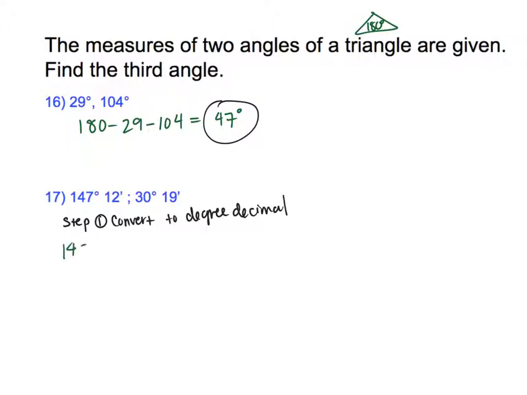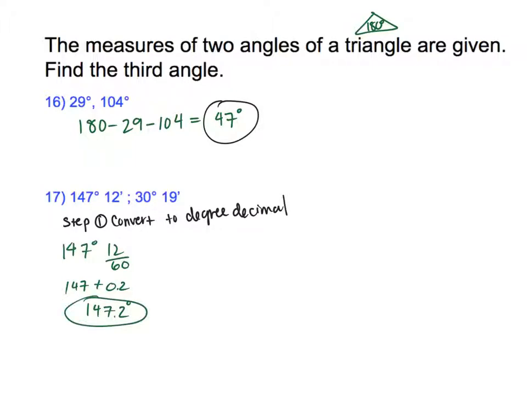We've done that quite a few times now, so let's go ahead. Remember, if we're converting from DMS, we have to divide by 60. If I divide this 12 by 60, that gives me 0.2, and I add that to 147, so that gives me 147.2 degrees. That's my first one.